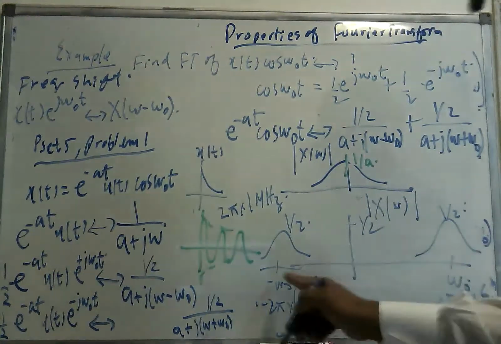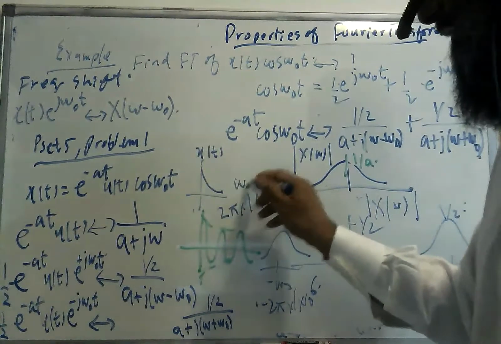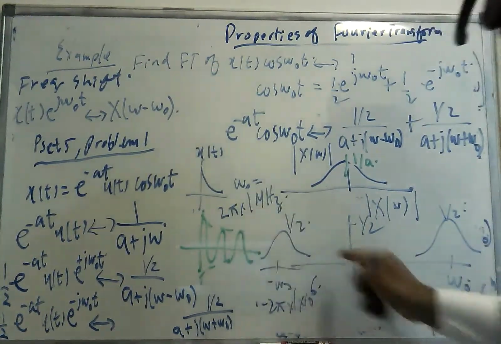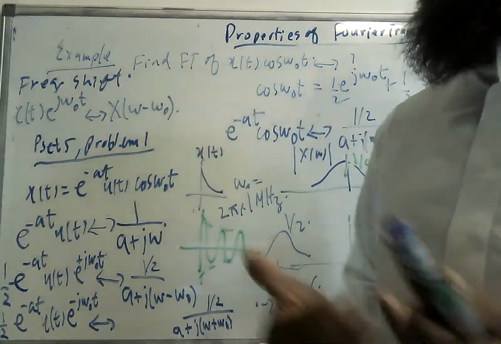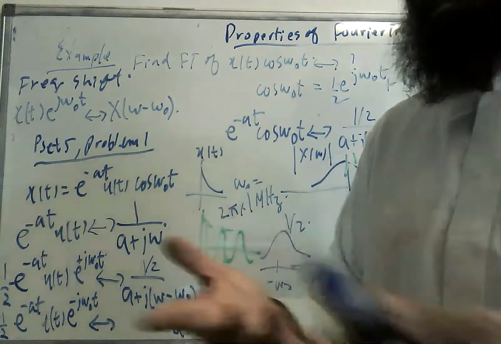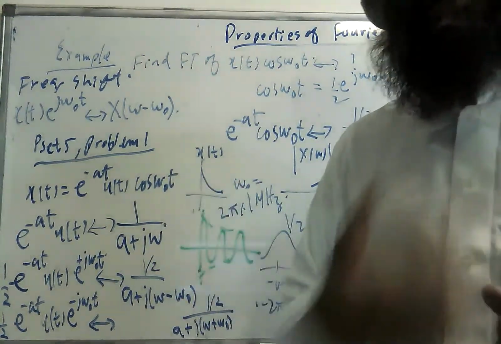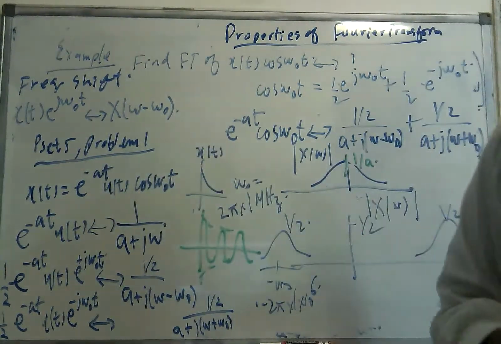So 1 megahertz. If my omega naught is equal to 2 pi times 1 megahertz, then I transfer the signal to 1 megahertz, very high frequency. In this way, we can put it on radio waves, we can put it on optical fiber, whatever, and we can take the signals over long distances. And this is exactly what we do in communication theory.